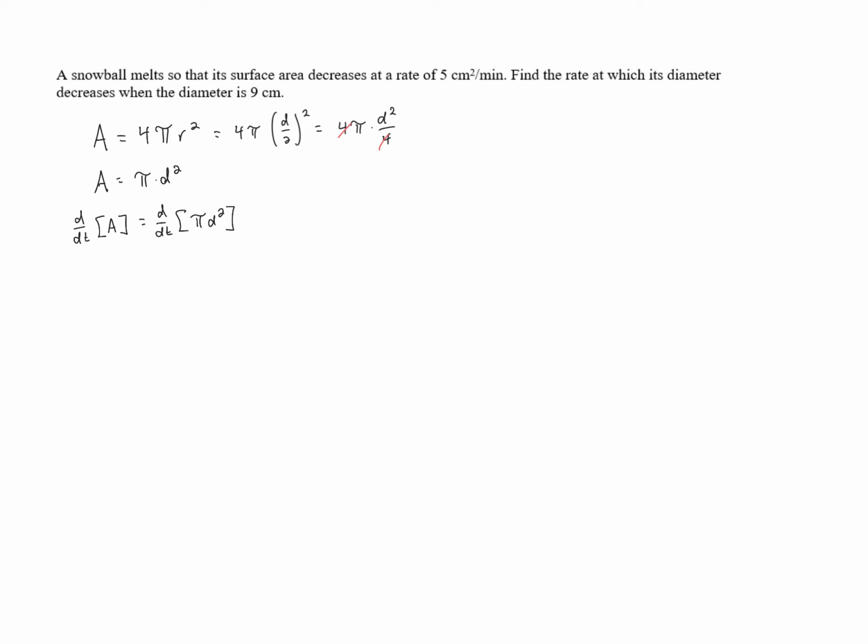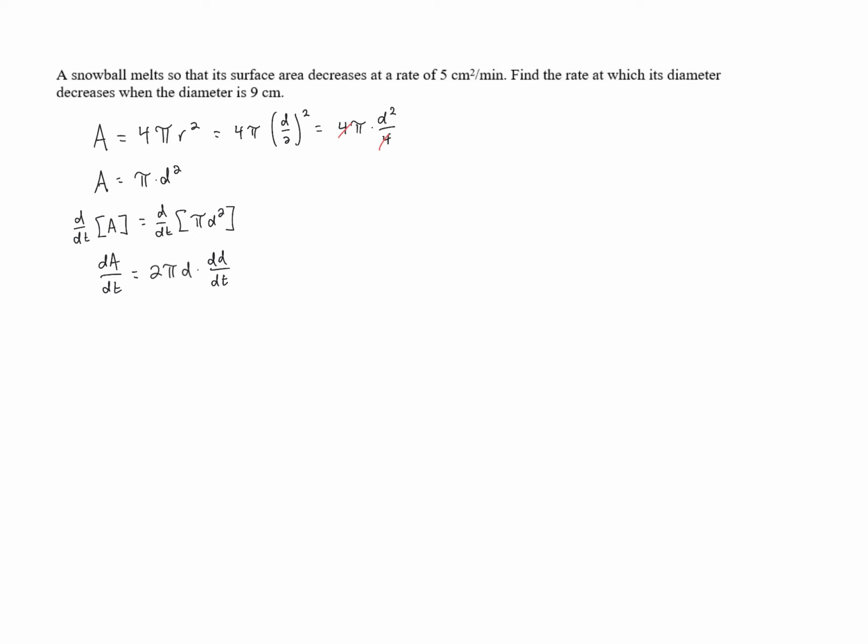Now on the left, the derivative of the area with respect to time is just dA over dt. On the right, when we differentiate d squared, that's going to be 2d. And with the pi, that's going to be 2 pi d, but times dd over dt, that's the derivative of the diameter with respect to time. Silly notation, but we can manage.